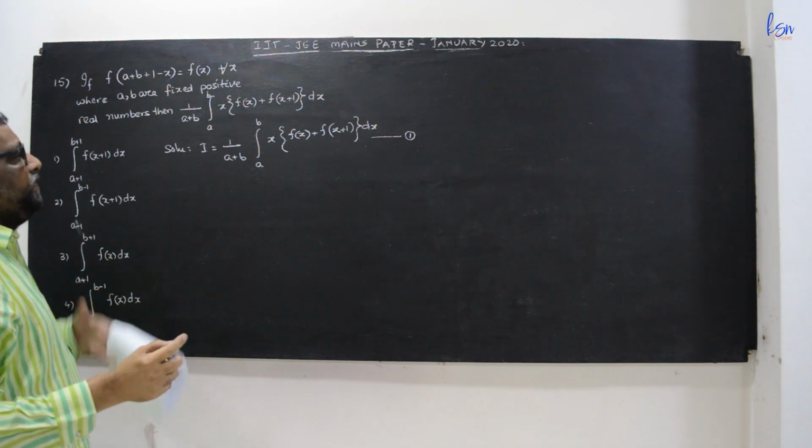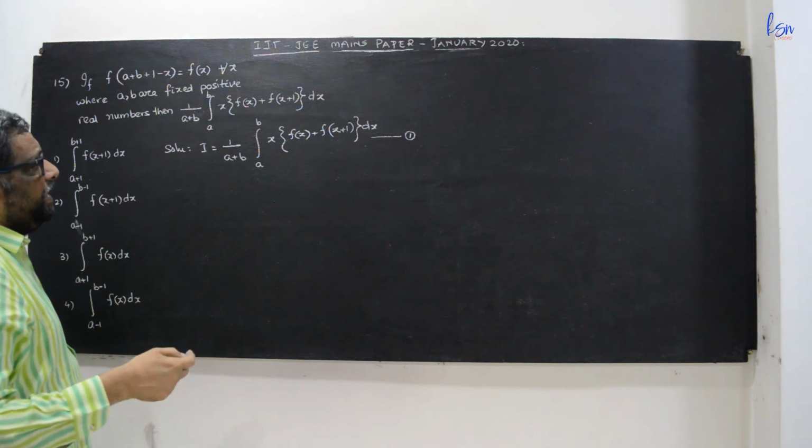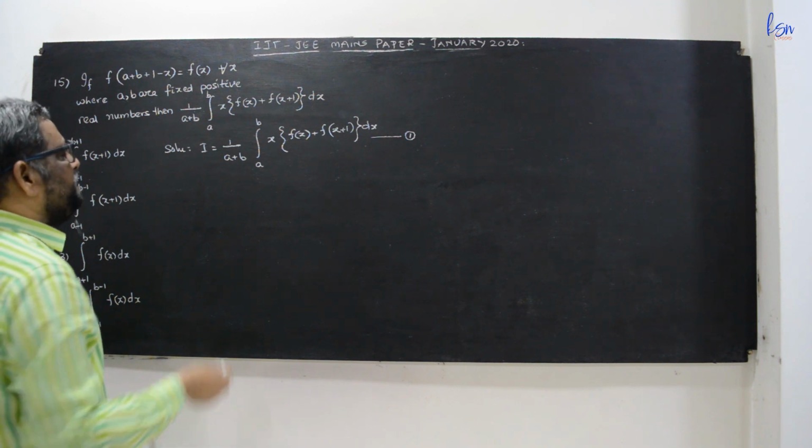Now integral a to b f of x dx is equal to integral a to b f of (a plus b minus x) dx.